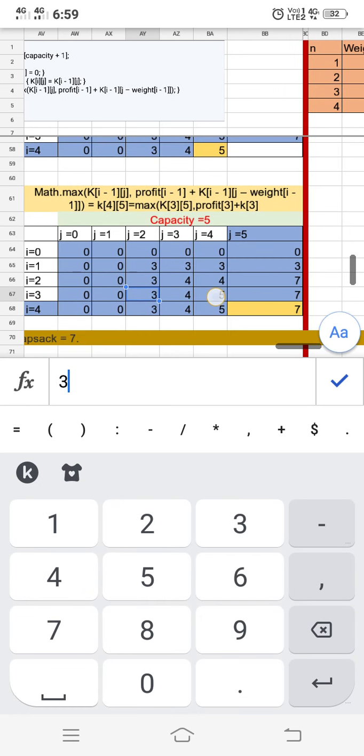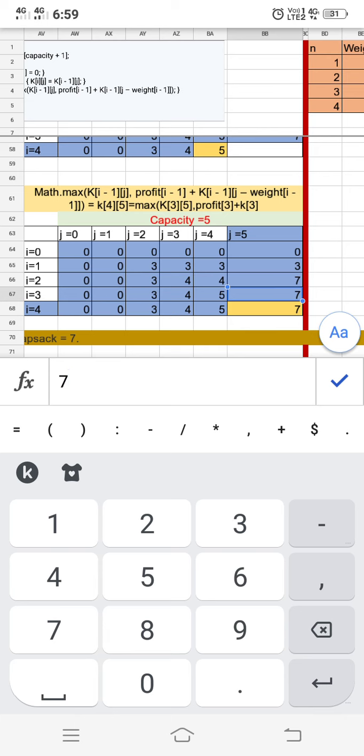Now when j exceeds the value 4 for the current object 3, I will try to find out what other objects I can add here to make j equal to 5.